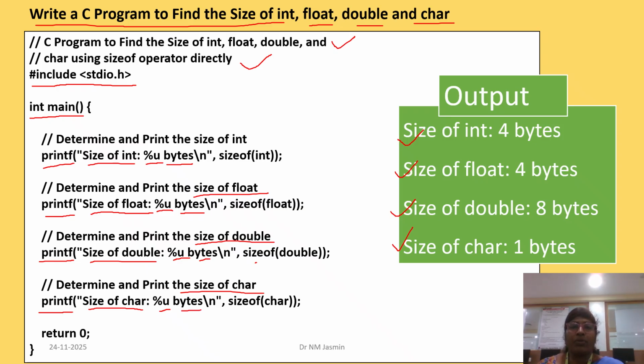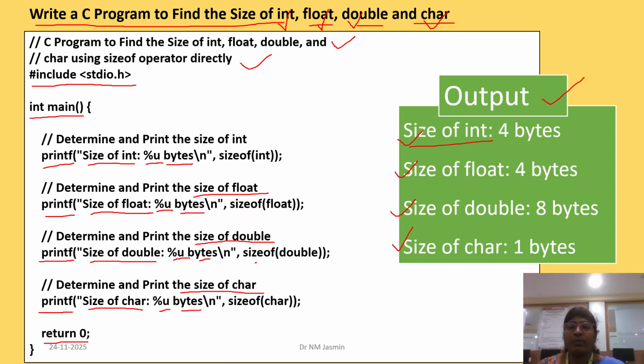Here I have used int size, float size, double size, and character size, and thereby you can go with return 0, meaning program execution successful, and close the bracket. Once you compile this with 0 errors and run this program, you will get the output.